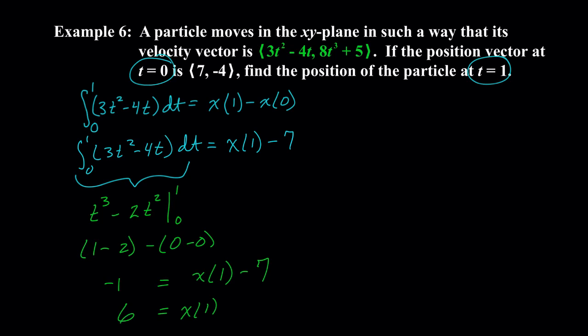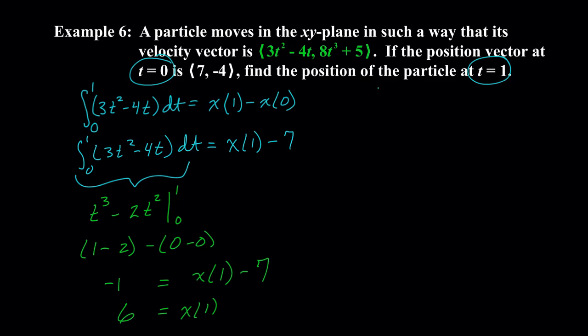Now, we've got to keep in mind what the question is asking. It says, find the position of the particle at t equals 1. All we have found is the x-coordinate of our position. We need to do the same thing with the y-coordinate.